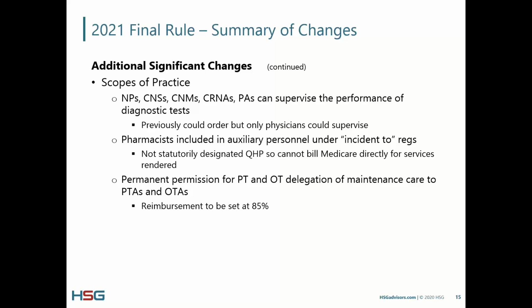And so they've come around and they're permitting this delegation long term with a reimbursement at 85%, very much like the physician versus APP levels of reimbursement. So this should actually be a big thing in rehab and allow for greater equal footing about cost-effective care in organizations.